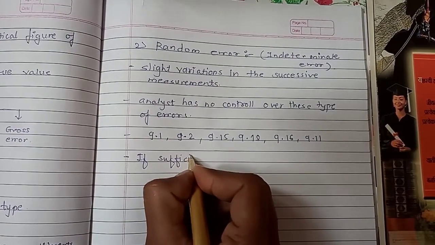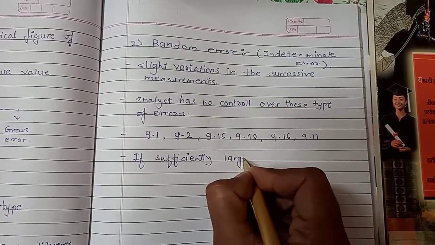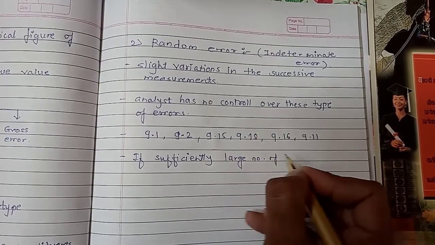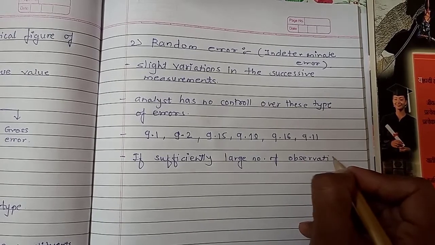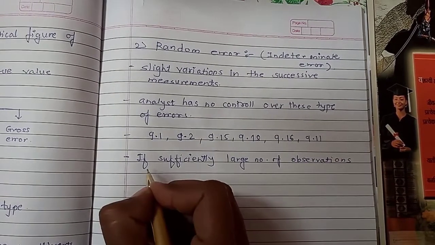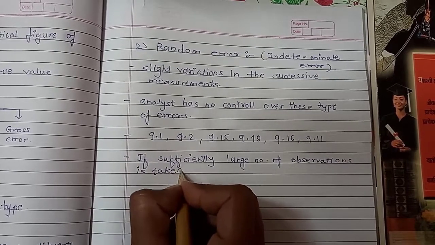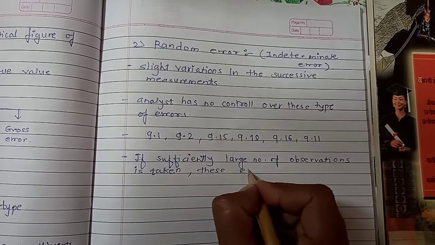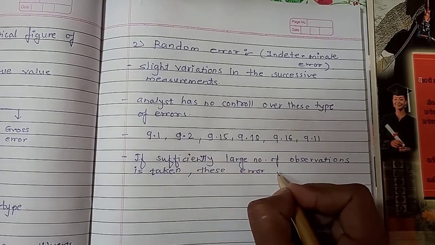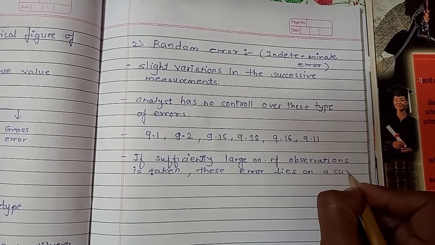If a sufficiently large number of readings or observations are taken, this error lies on a curve.